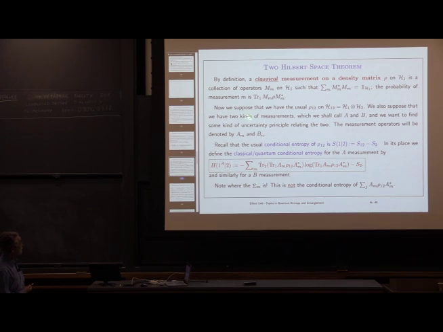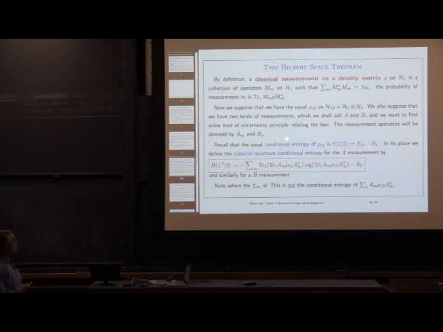And we also suppose that we have two kinds of measurements, which are going to go A and B, like measuring position and momentum. And we want to find some kind of uncertainty principle relating the two kinds of measurements. The measurement operators will be denoted by A and B. So A_m, index m, and B_n, index n. The indices can be different, of course.